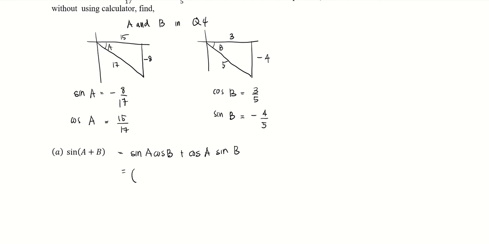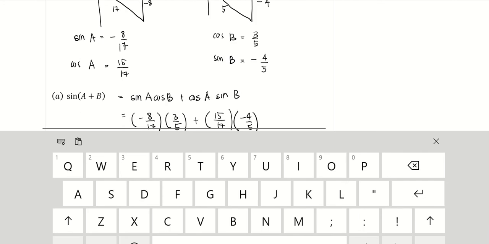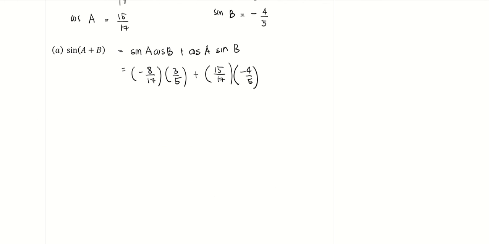Sine A is negative 8 over 17, cos B is 3 over 5, cos A is 15 over 17, and sine B is negative 4 over 5. So we can calculate this value. We will get negative 84 over 85. Alright, so that is for sine A plus B.